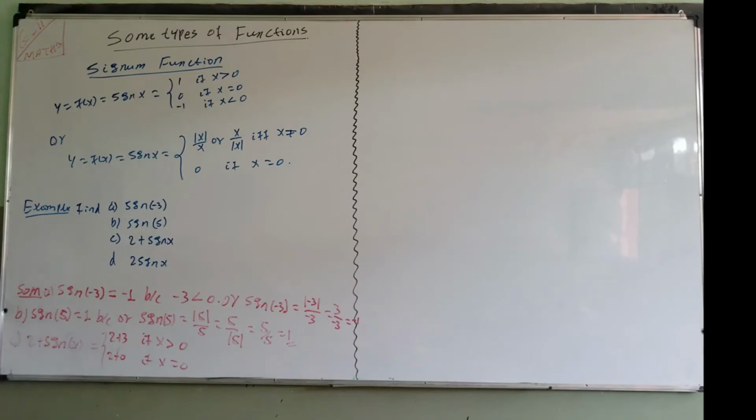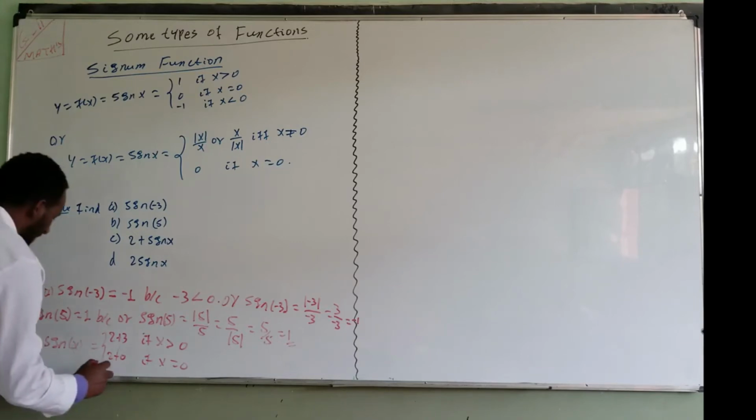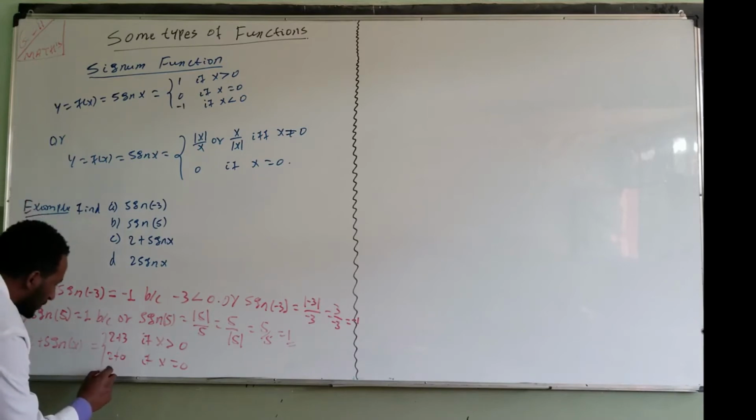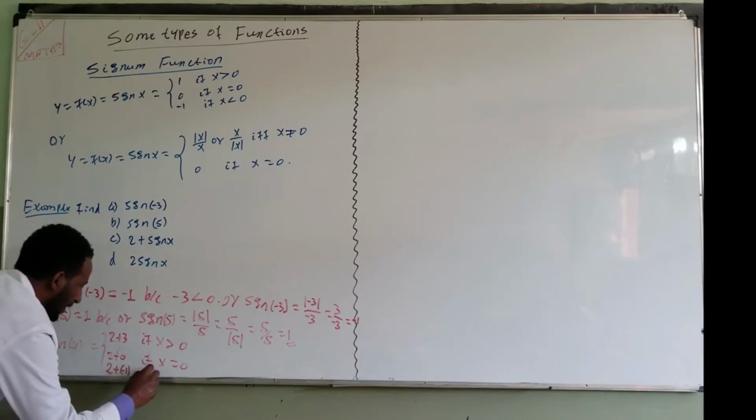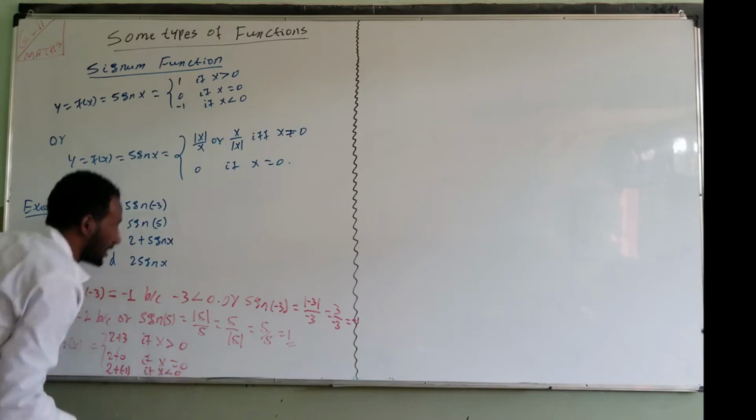Then when x is negative, we get 2 plus -1 if x is less than 0.